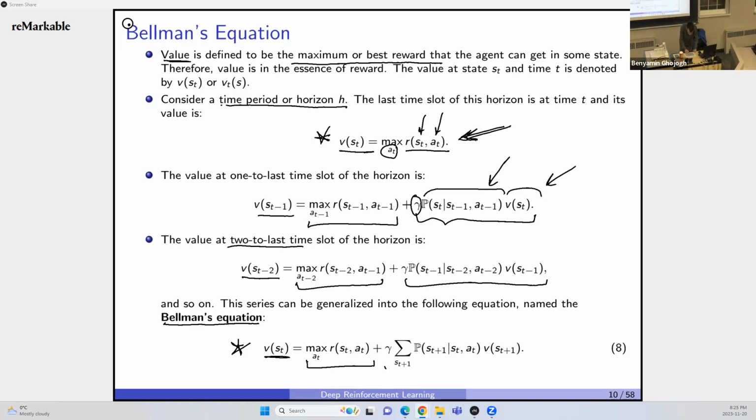However, I also consider the discounted reward in the next time step. Also note, do you see? It's a recursive equation. Here I have V(S_t), here I have V(S_{t+1}). Do you see the recursion? That's one thing. Also, I have this probability transition model. Why do I have this summation? Summation over S_{t+1}.